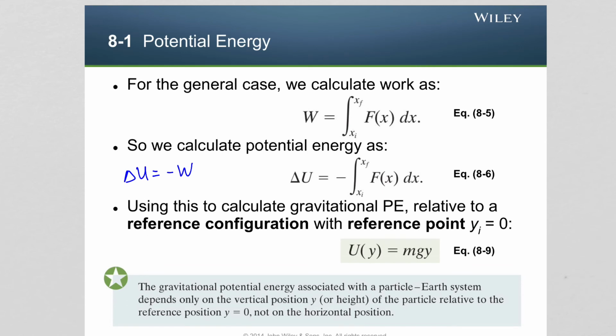To summarize, we say that the gravitational potential energy associated with a particle-Earth system depends only on the vertical position y, or height, of the particle relative to the reference position y equals 0, and not on the horizontal position.